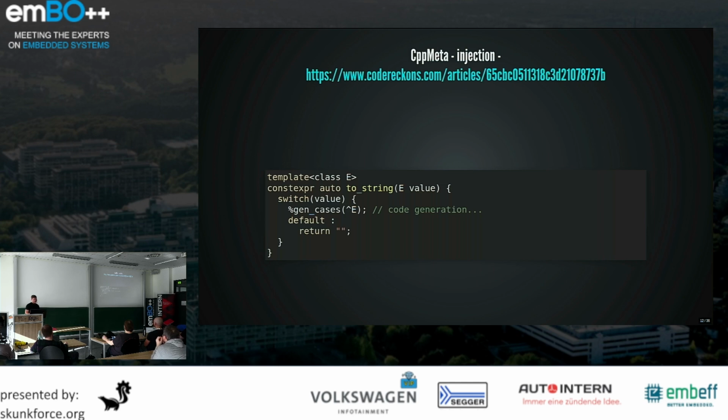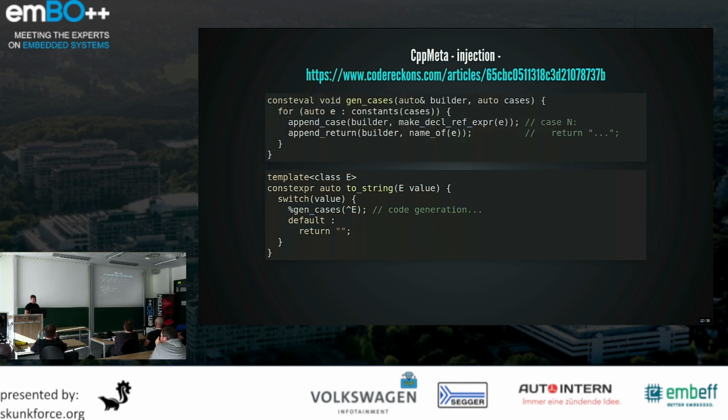So here, I pointed out a bit of syntax because it's hard to show it without the syntax, but I wouldn't be stuck too much on it. So they use percent, and you call these gen cases. In that case, we want to generate the switch case for enum values.